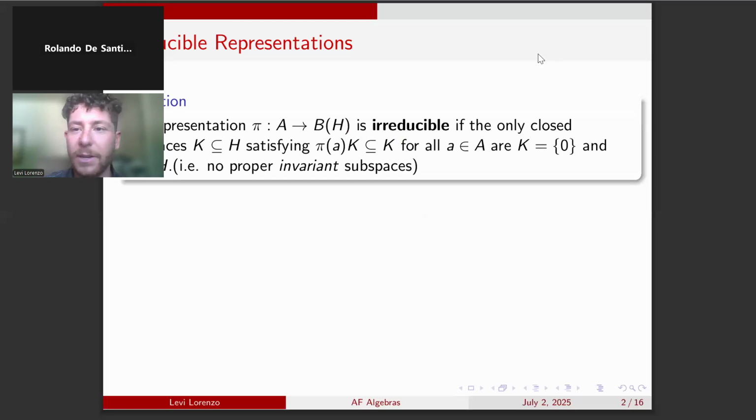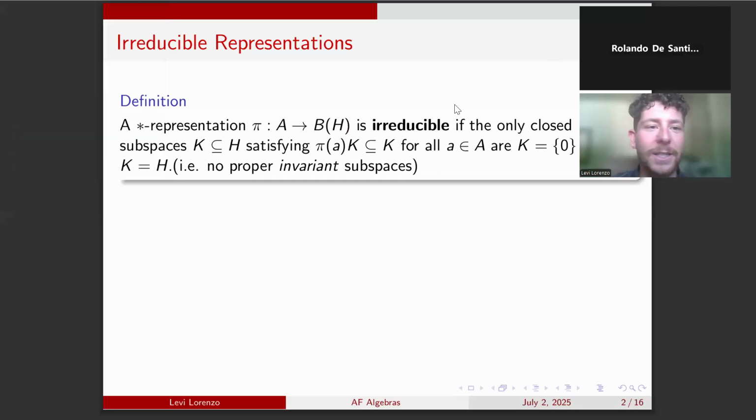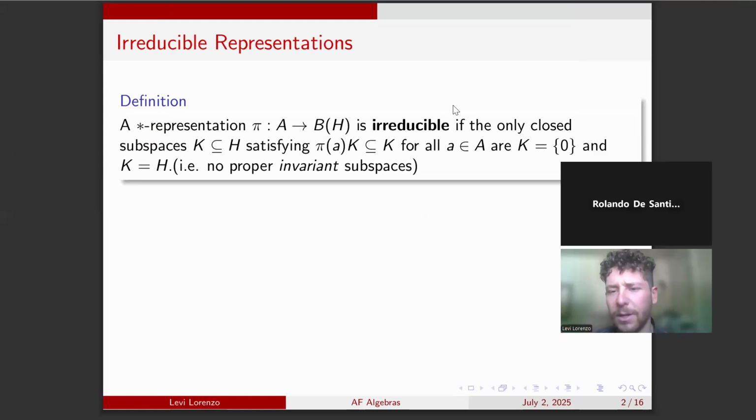And I'll try to give a little bit of time to these and not rush too quickly so you can take notes. So we call a representation irreducible if there are no proper invariant subspaces. If you look in the Goals notes, you'll see there are a couple of equivalent definitions, but a representation is irreducible if the only closed subspaces that are left fixed when you act on them by the image of the representation are the trivial one and the entire thing.